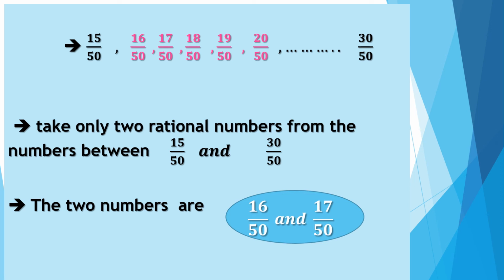So the two numbers, 16 over 50 and 17 over 50. Another solution is 18 over 50, 19 over 50, 20 over 50, or 21 over 50. Any two numbers between those numbers are true.